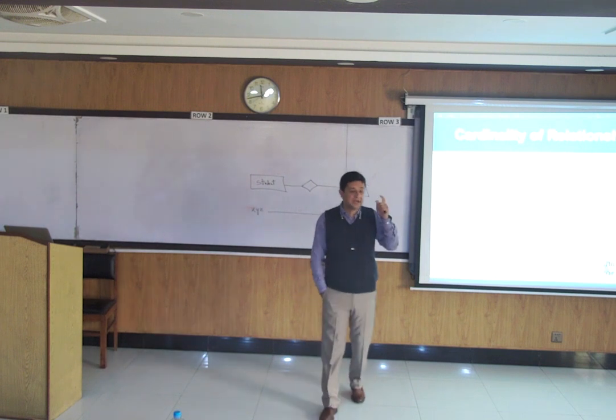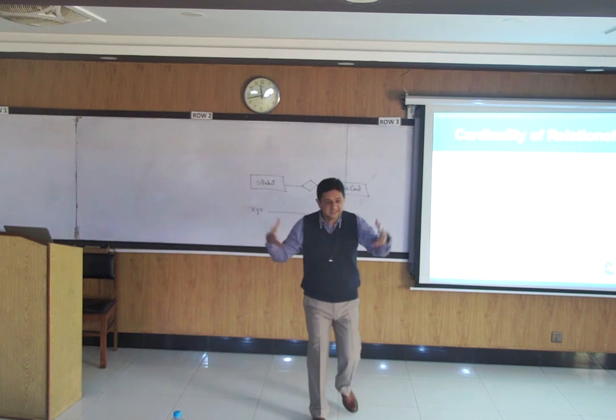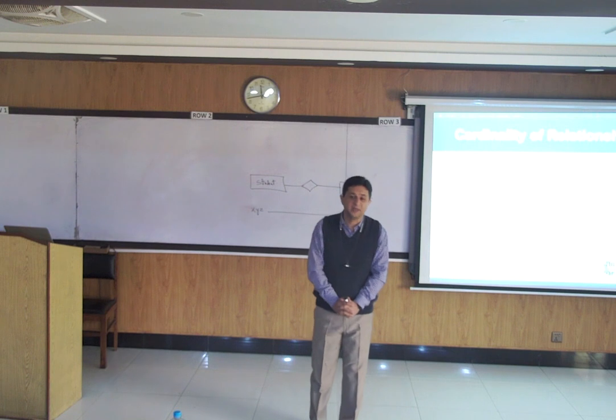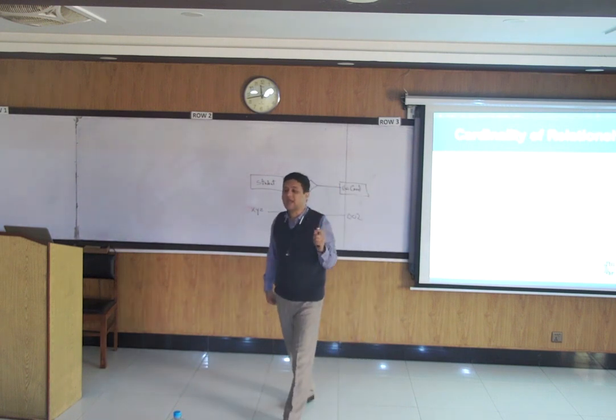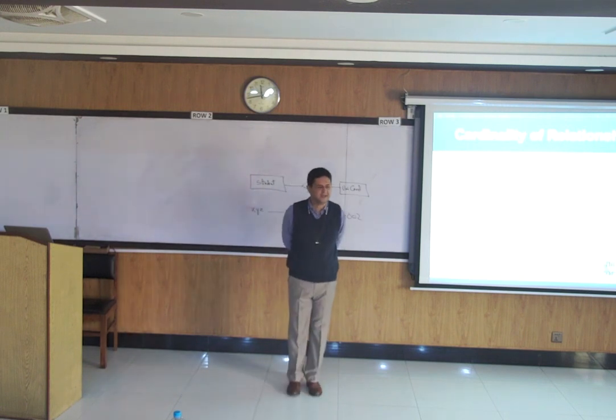Maximum cardinality 1 to 1 means that from both sides, one instance can be related to a maximum of one instance from the other side.